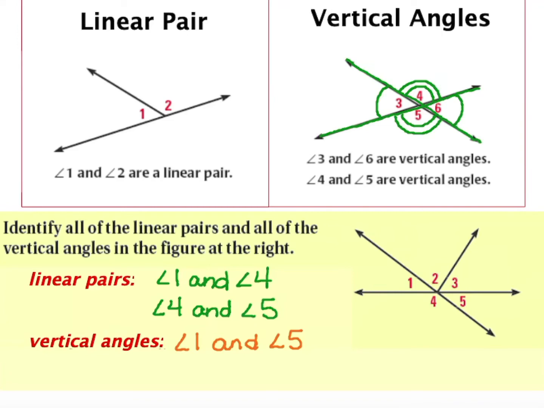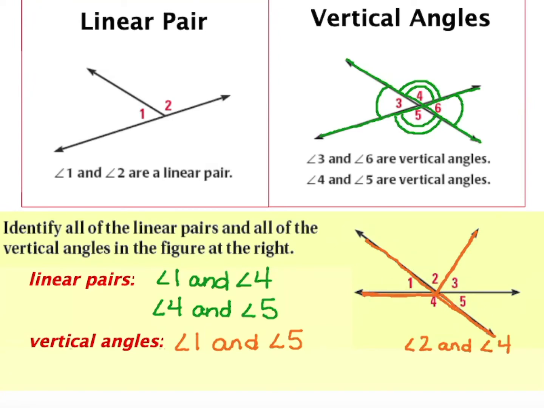One of the common wrong answers that I get on this would be like angle 2 and angle 4. It's an awesome guess, but those are not vertical angles. Let's see if we can see why. Angle 2 is right here, and angle 4 is right here.